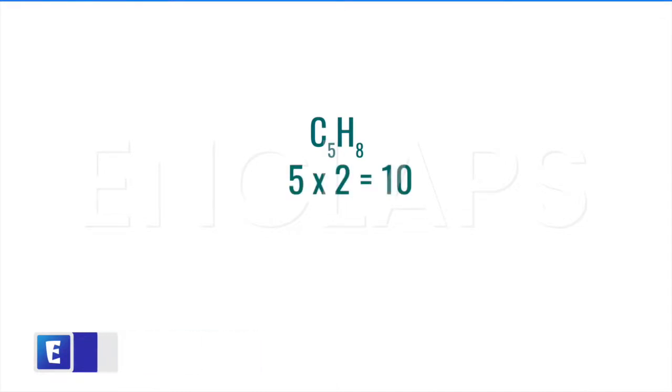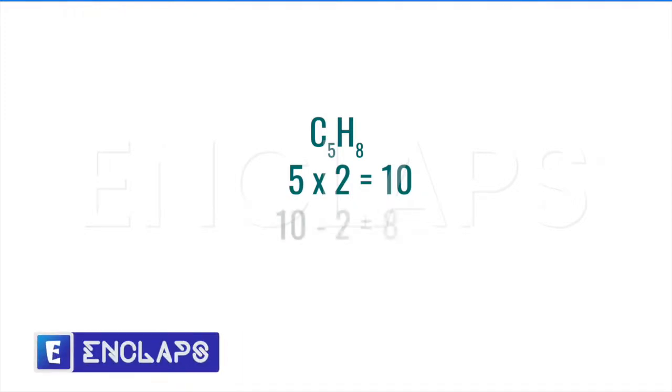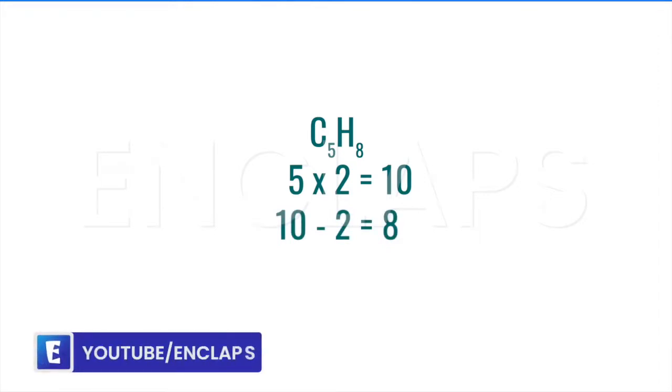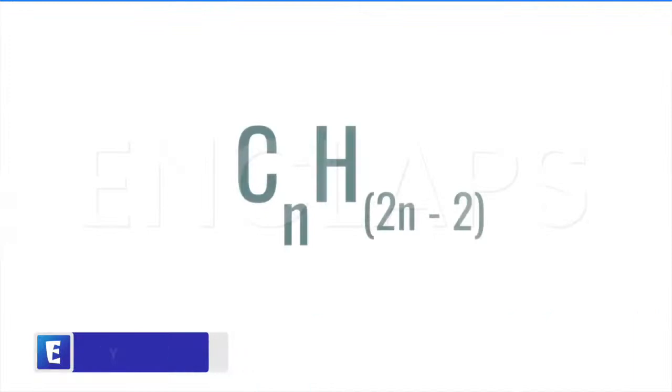Then multiply 5 with 2, we get 10. Then subtract 2 from 10, we get 8. So this is the number of hydrogen atoms. Now can you deduce a general equation for alkynes? Yes, CnH2n minus 2.